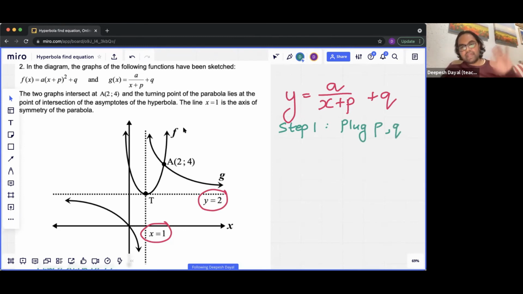Leave A, leave X, leave Y. Just plug in P and Q and we're going to compare our answers, right?